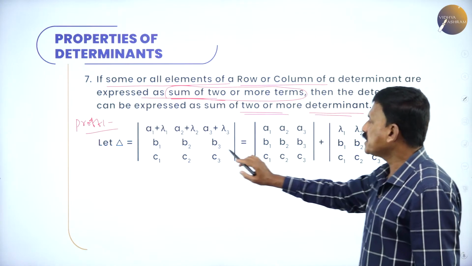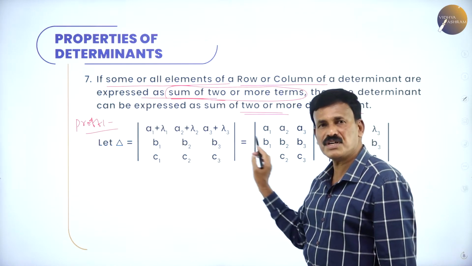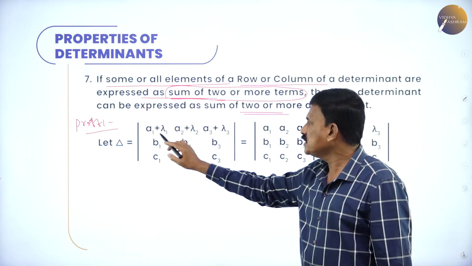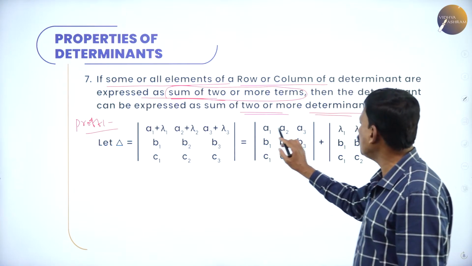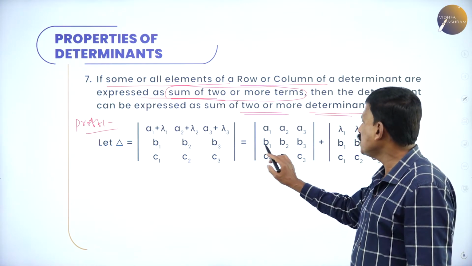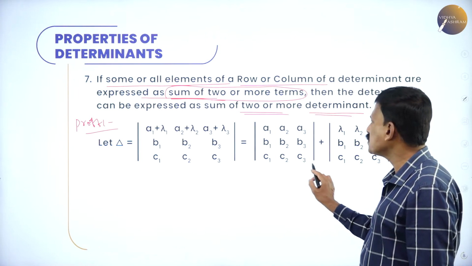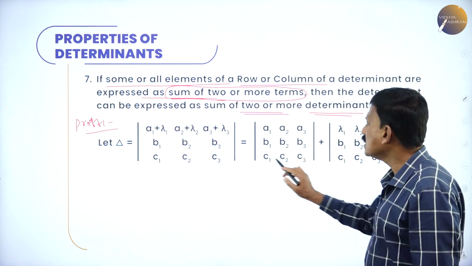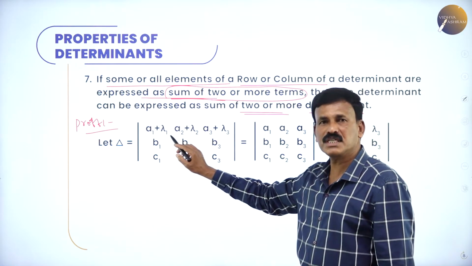So take all the first elements in the first row for the first determinant: a1, a2, a3. The remaining rows 2 and 3 are the same, b1, b2, b3, c1, c2, c3 as it is, plus the second element.